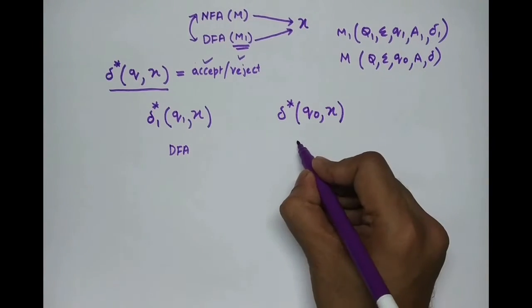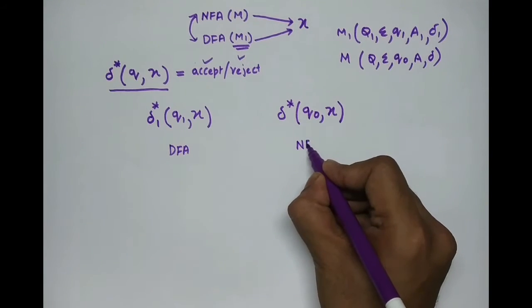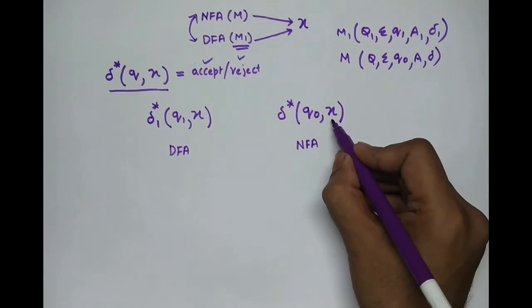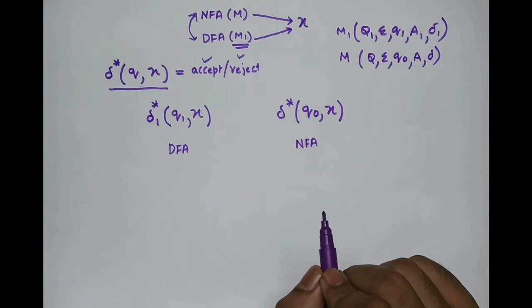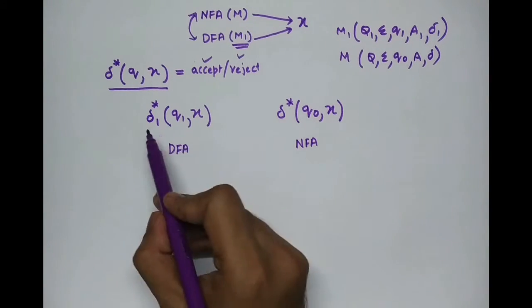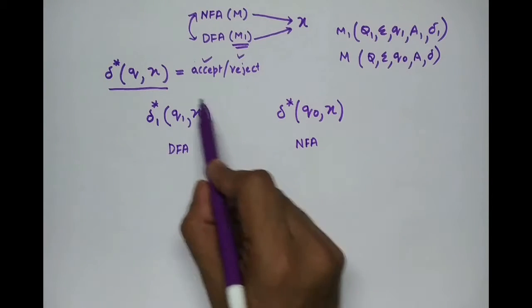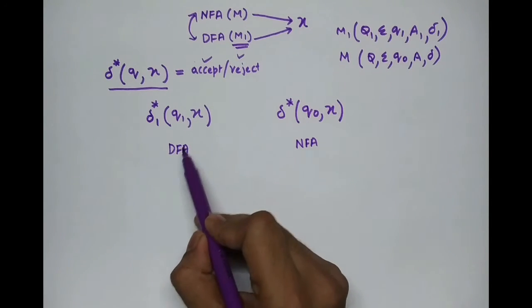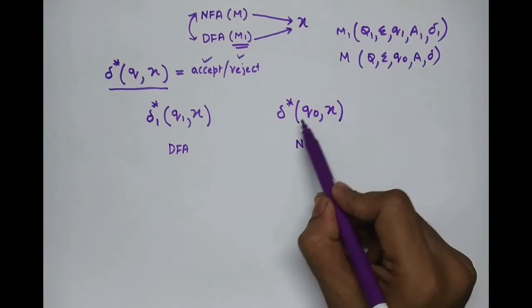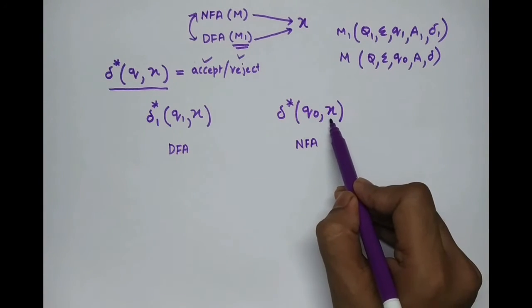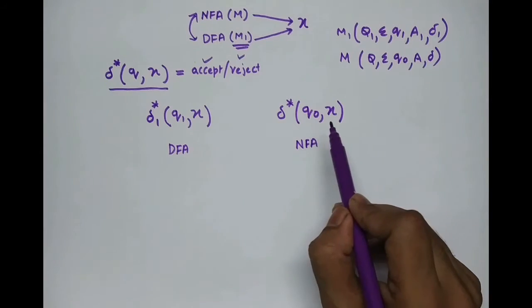Again, this extended transition function of NFA, after taking X as input, will tell you whether the string is accepted or rejected. The extended transition function of DFA after taking a string X tells you whether this X is accepted or rejected. The extended transition function of NFA after taking this input string X also tells you whether the string is accepted or rejected.